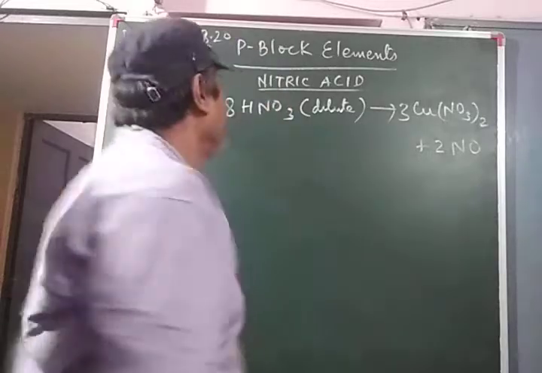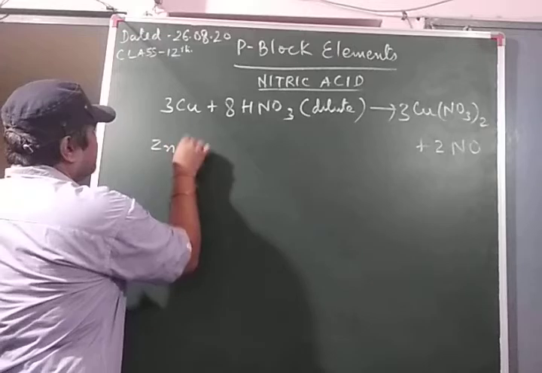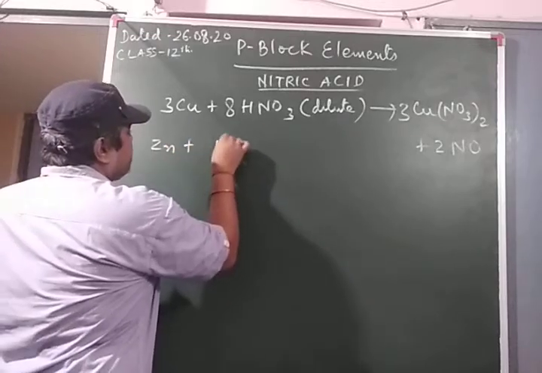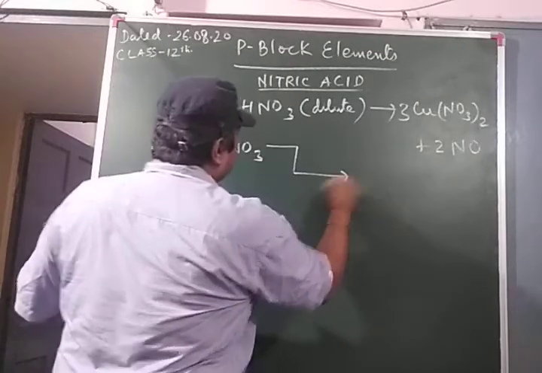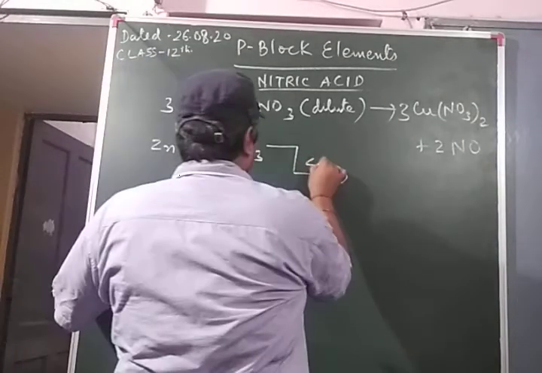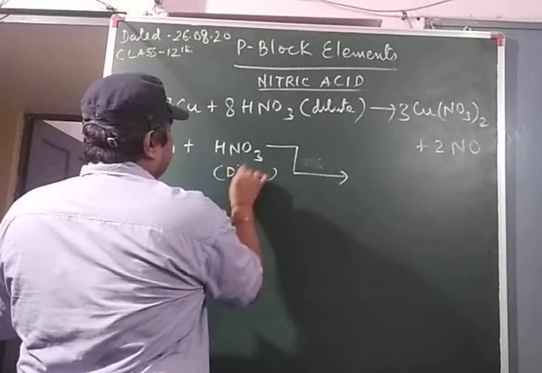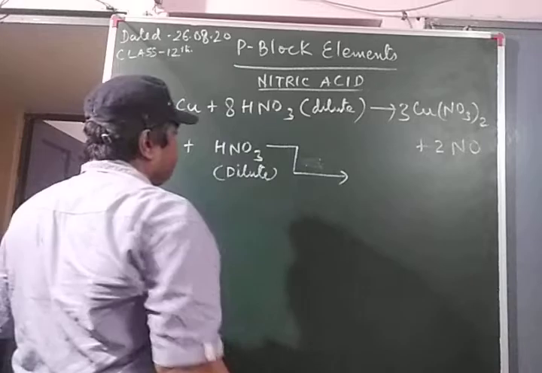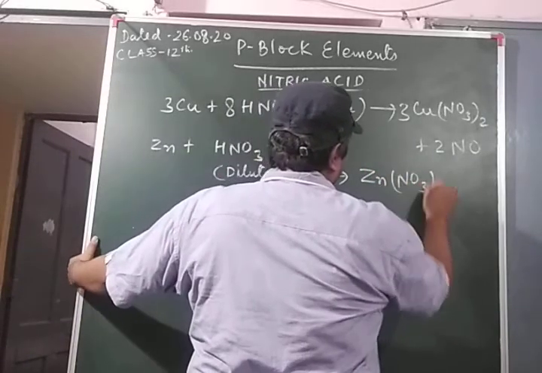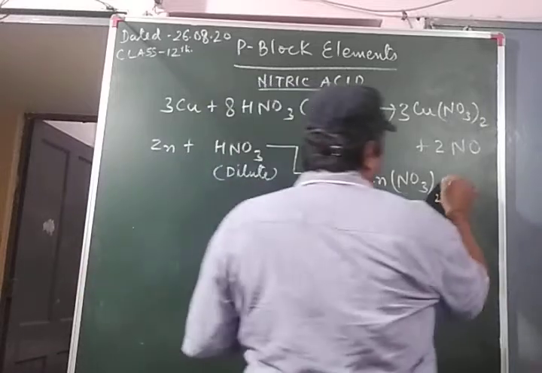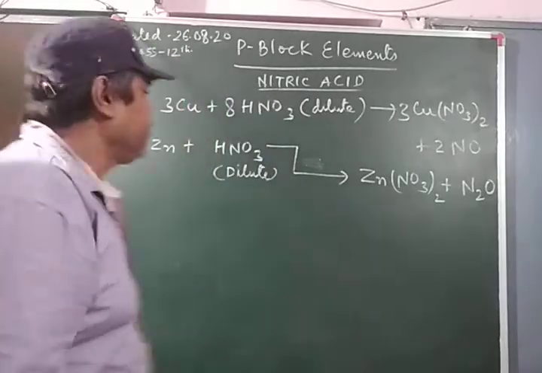Look, the reaction is zinc plus HNO3, dilute, gives Zn(NO3)2 plus N2O, nitrous oxide.